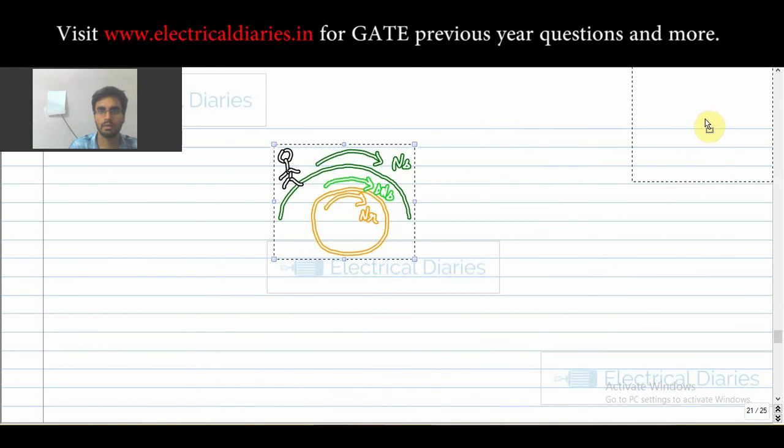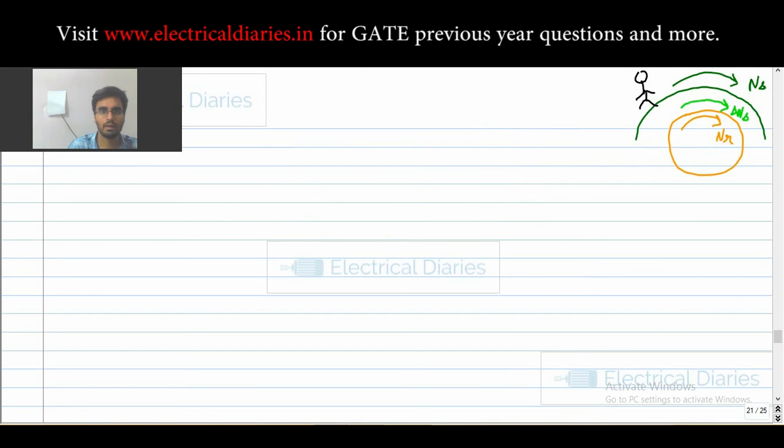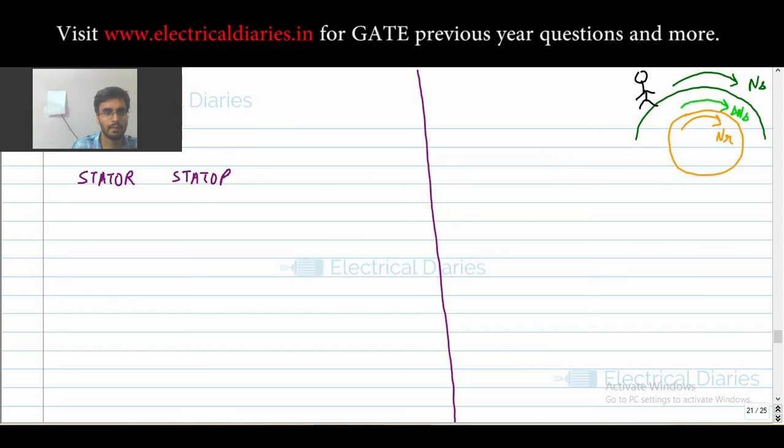Okay, so we will keep this here, and we will analyze things using this diagram. Now let me make a table. Stator, stator magnetic field, rotor magnetic field.